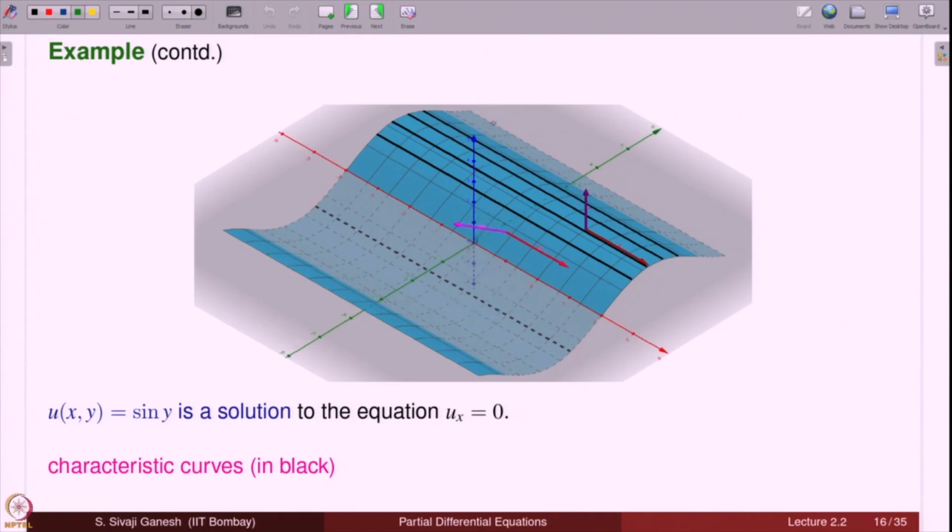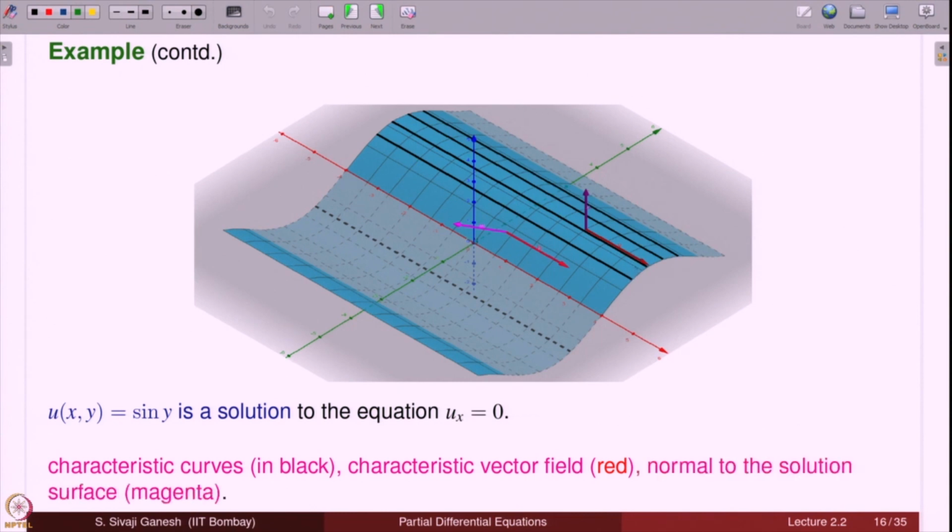Now, characteristic curves are in black, which are straight lines, we know that, and the characteristic vector field is in red color, because the characteristic vector field is (1, 0, 0) at every point. So, it is in the direction of e1 at every point, and the normal to the solution surface is in magenta. So, it keeps changing from point to point.